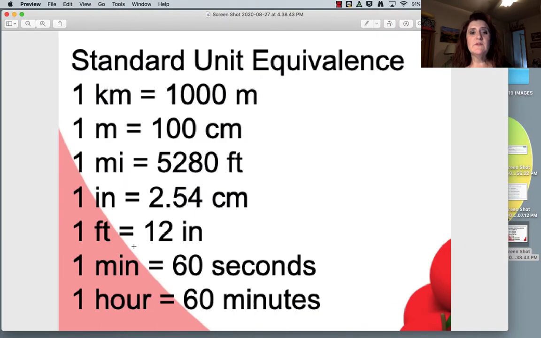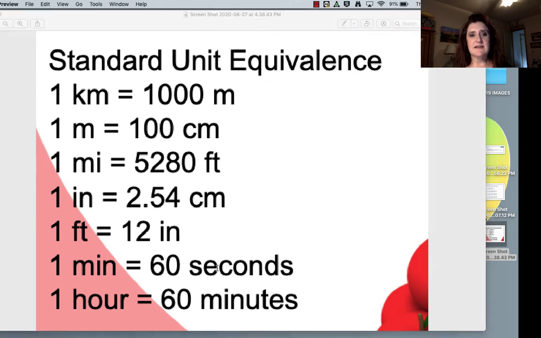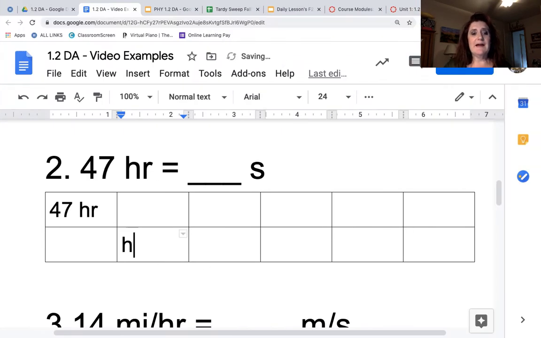Based on my equivalent chart, hours turn into minutes and minutes into seconds. So my hours goes on the bottom, turns into minutes, and then my minutes go on the bottom and turn into seconds. That's all I need for this one.